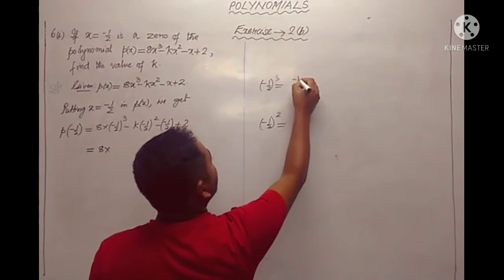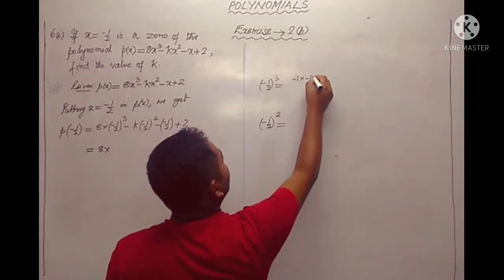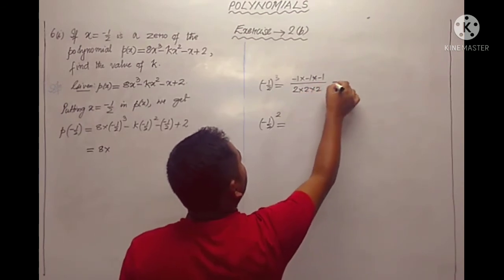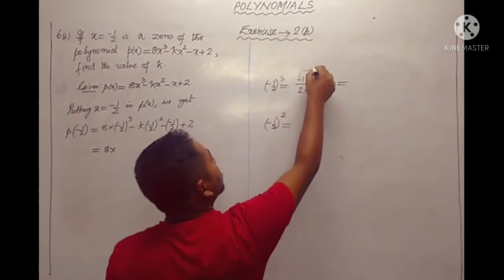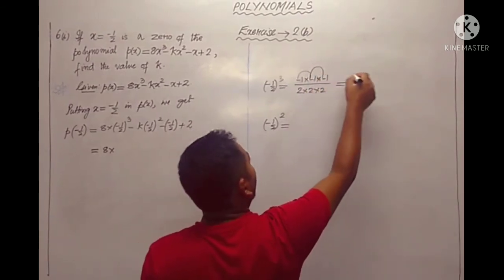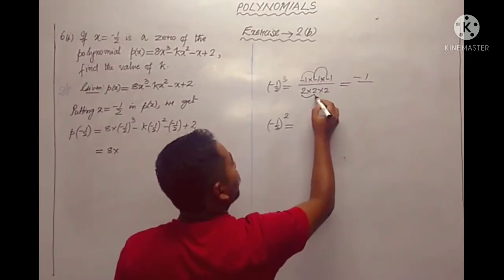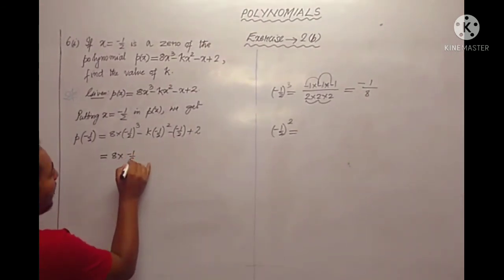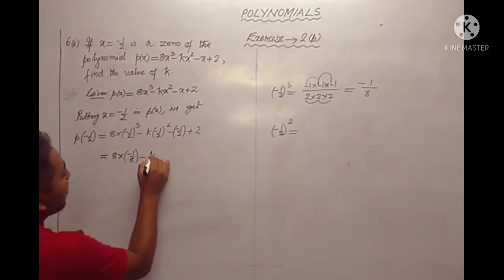It means minus 1 into minus 1 into minus 1 by 2 into 2 into 2: minus into minus is plus, plus into minus is minus. 1 into 1 is 1, 1 into 1 is 1. 2 to the 4, 4 to the 8. So you have minus 1 by 8, minus k.